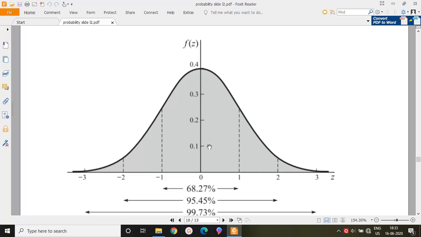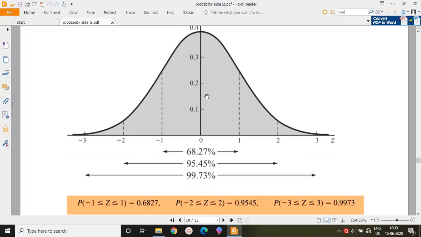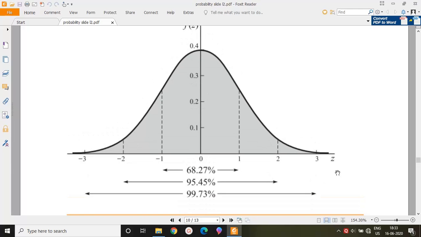Let us see the plot of f of z. So this is the plot of f of z, that is, the normal distribution plotted versus the values of z. As expected, instead of mu the mean here is 0.